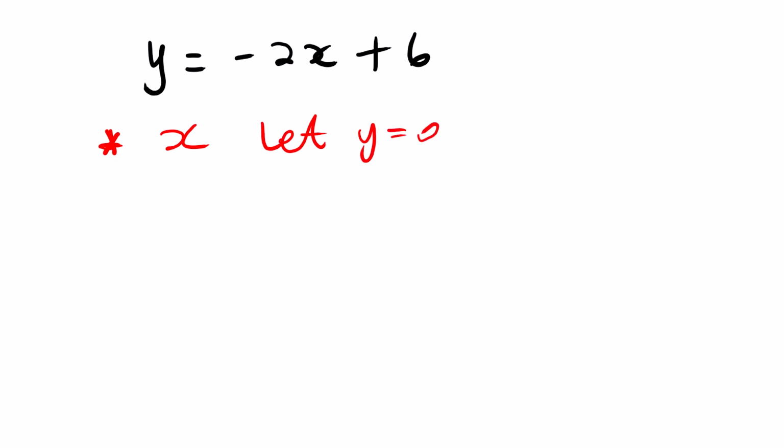By the way, this is the x-intercept. And then you also solve for the y-intercept, whereby you let x be 0. Then from there you can plot the graph. So this is what we are going to do. We need a function, which in this case is this one, to draw the graph.